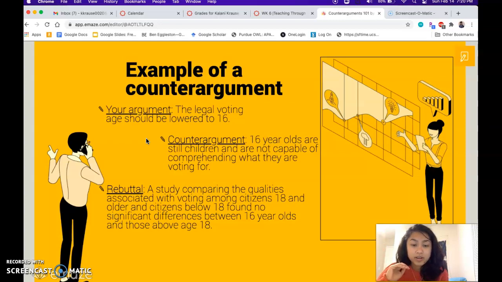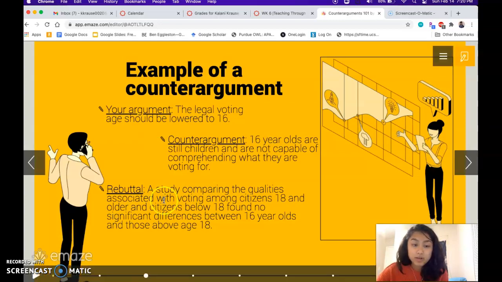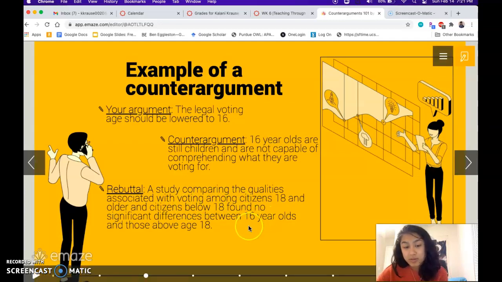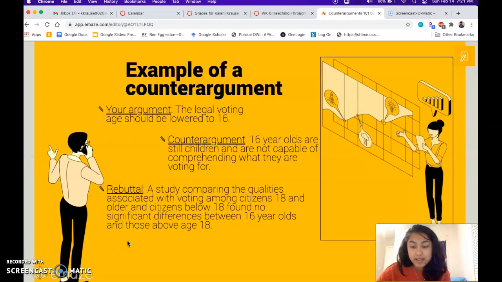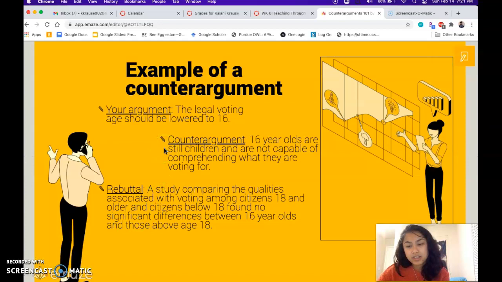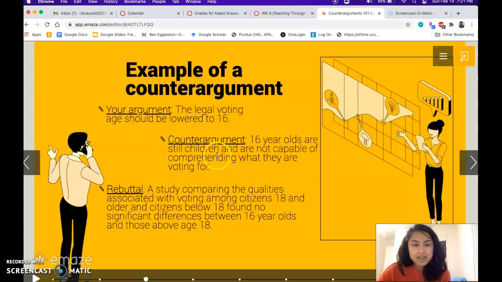So you might say, well, a study comparing the qualities associated with voting among citizens 18 and older and citizens below 18 found no significant differences between 16-year-olds and those above age 18. So in this example, you are providing a direct fact, direct tangible logic, logos evidence that this counterargument that some people might believe is actually not valid.